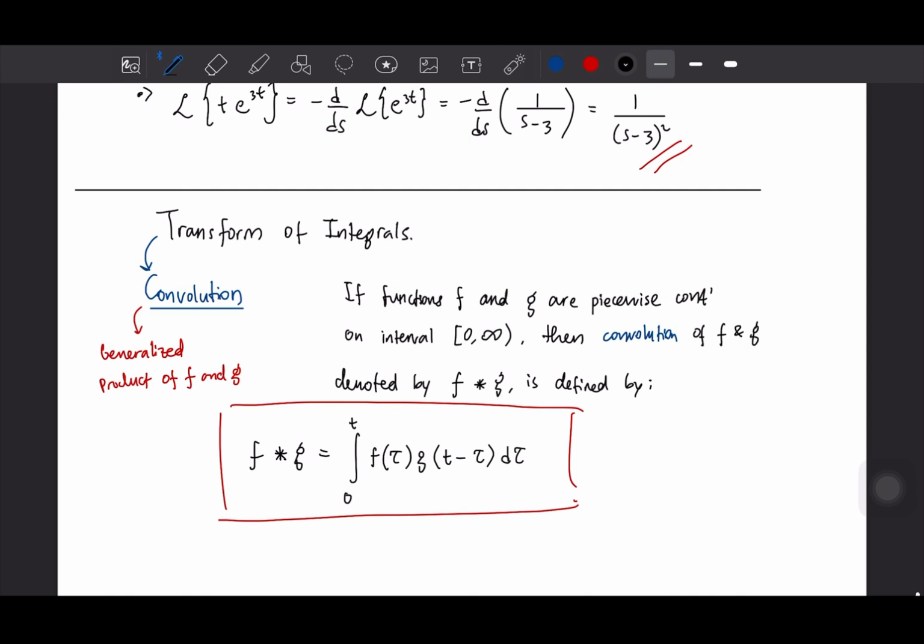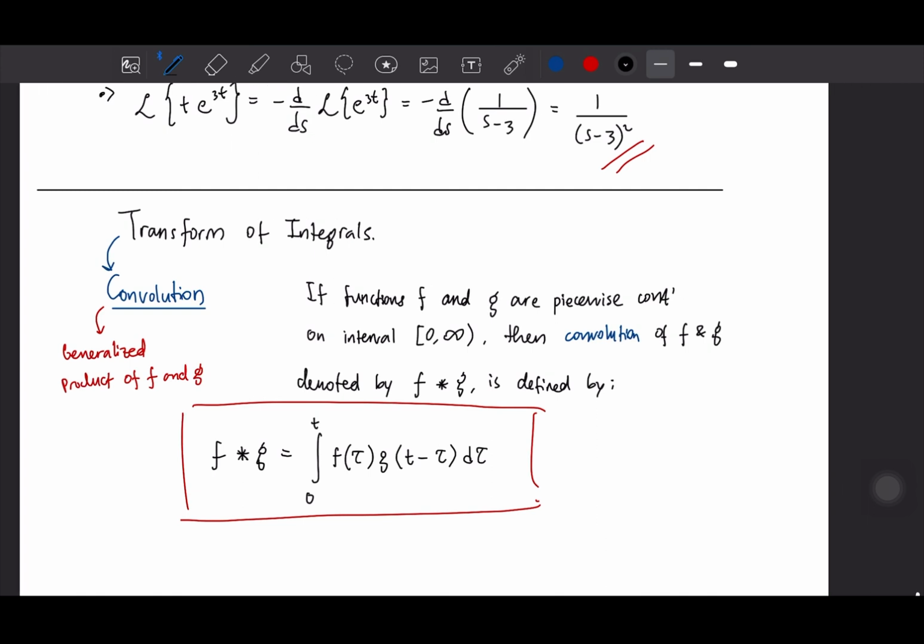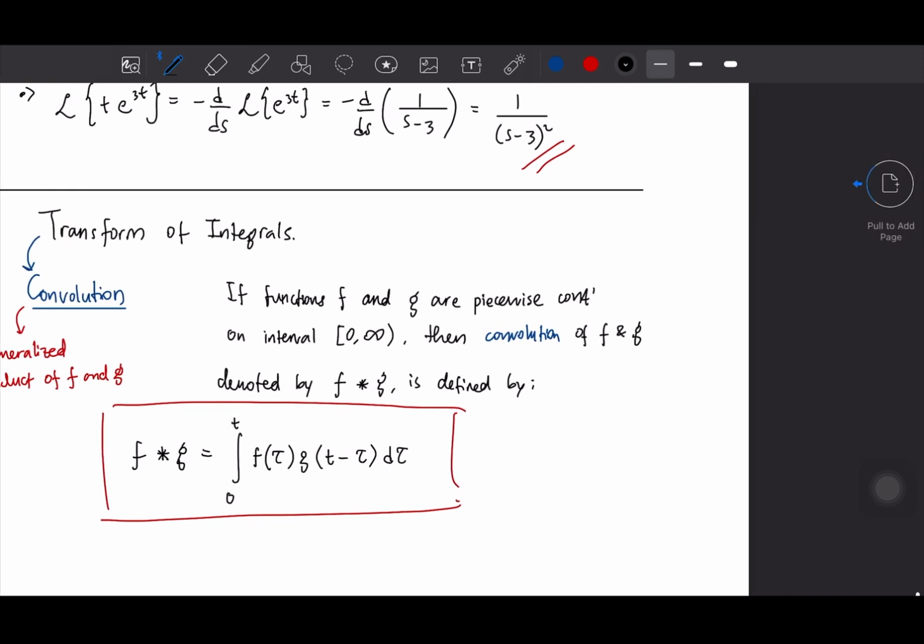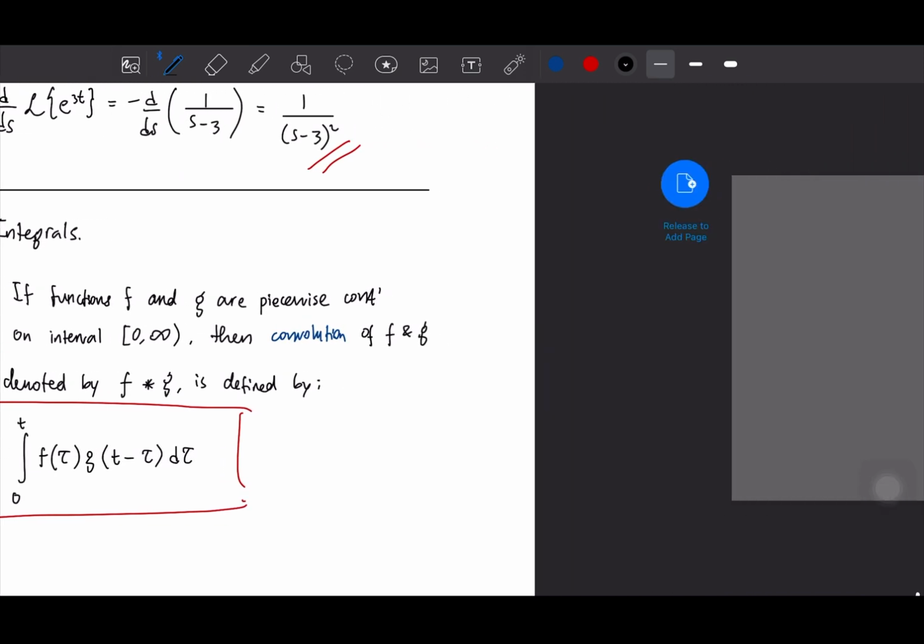Okay, let's see how we use these convolutions. We haven't started the Laplace yet. This is just convolution first. Later we will have the Laplace itself.